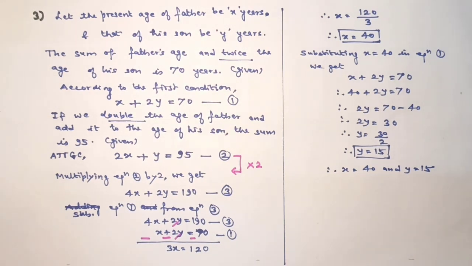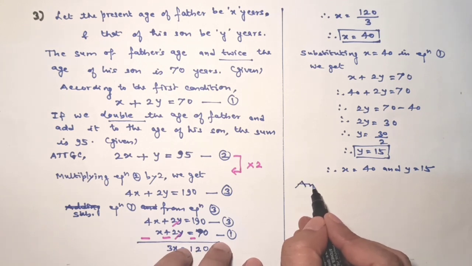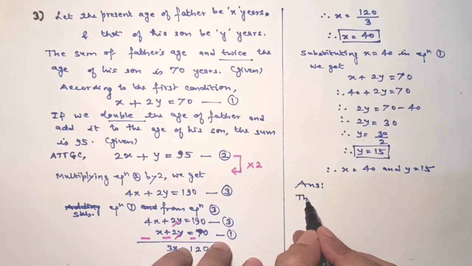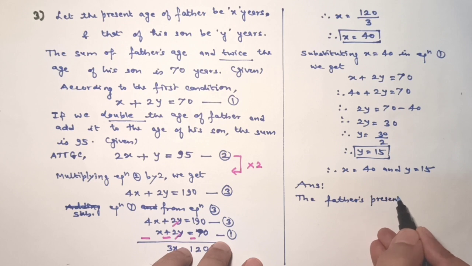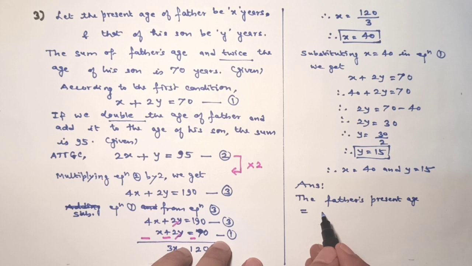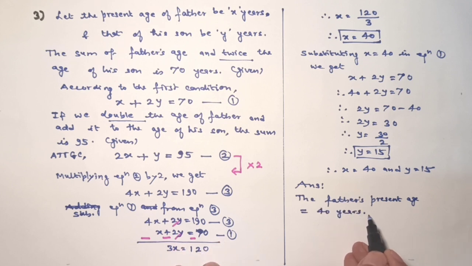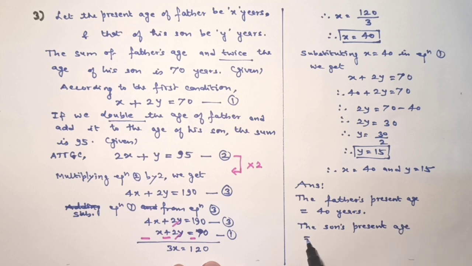Now write the final answer. Your answer will be the father's present age is equal to 40 years, and the son's present age is equal to y.